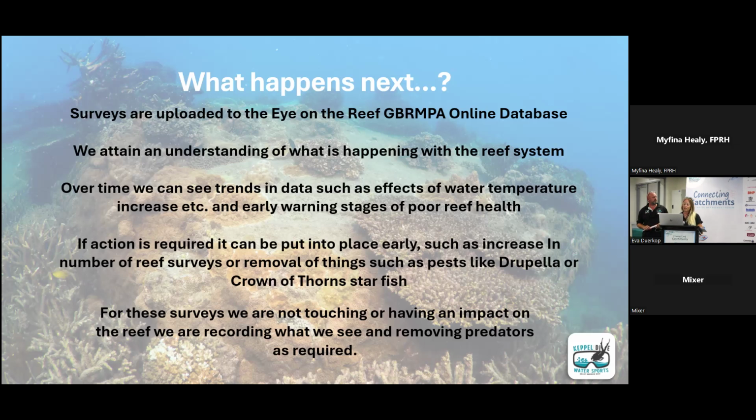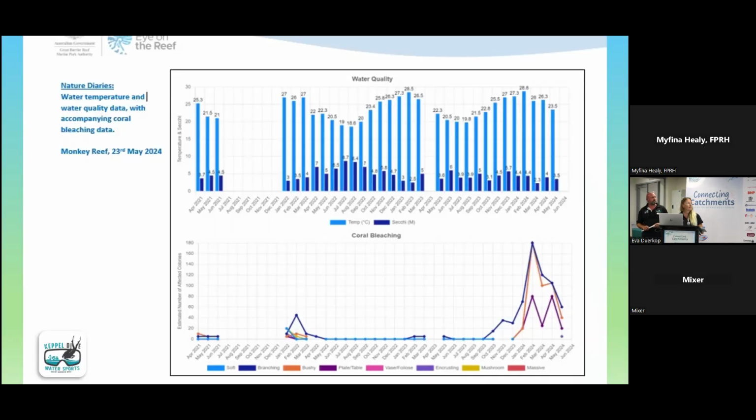If action is required, we can put it into place early, such as an increase in the number of surveys, or removal of things such as pests like triton or crown-of-thorns starfish. For these surveys, we're not touching or having an impact on the reef, we're recording what we see and removing predators as required.